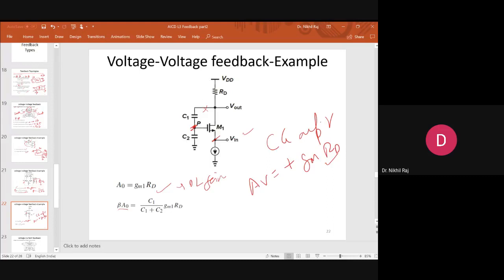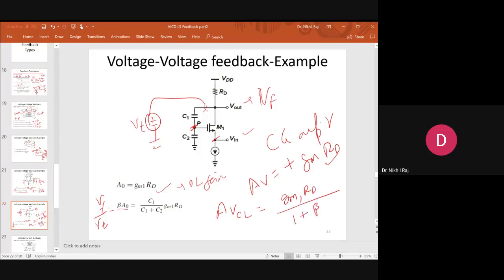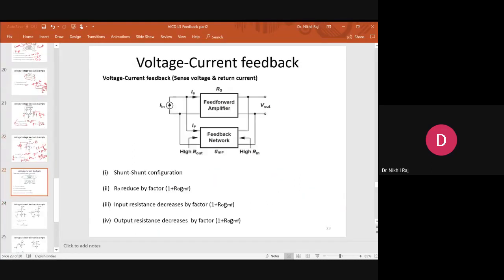And then again we'll attach here plus minus Vt, and this will change to Vf, and then we'll calculate Vf by Vt, we'll get this value, and then I can say that closed loop gain is equal to Gm1 into Rd divided by 1 plus beta, where beta is equal to C1 by C1 plus C2. Okay, so this way we estimate the gains.